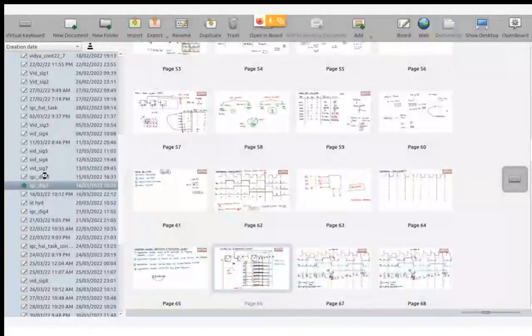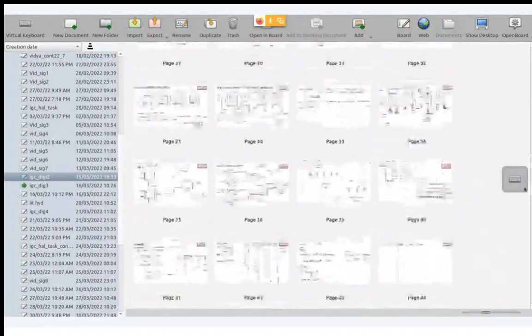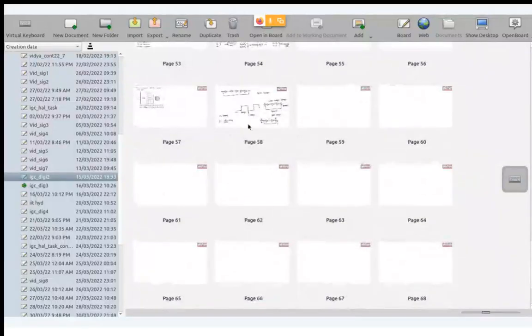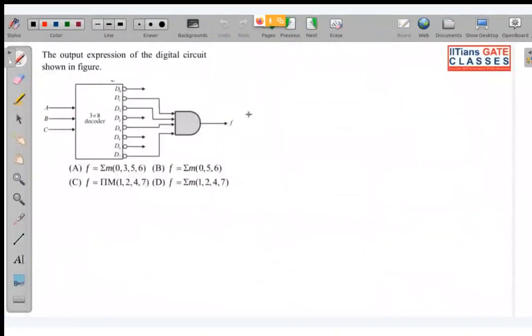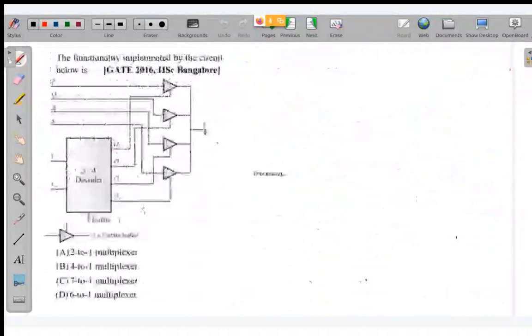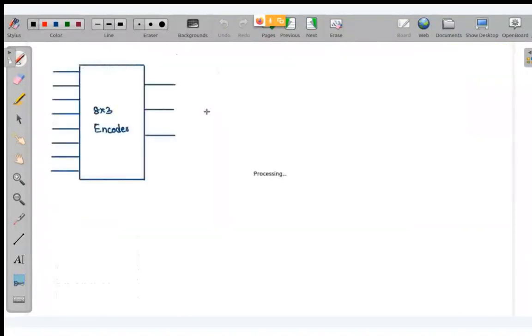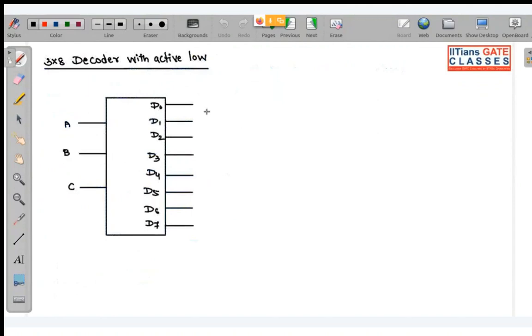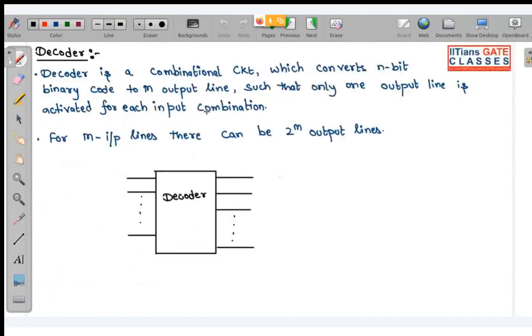We have few topics left, and one very good question also. This question was left, and the encoder, decoder, tri-state buffer, all those things were left. So we will be finishing this and then your syllabus will be complete for CSE, guys.